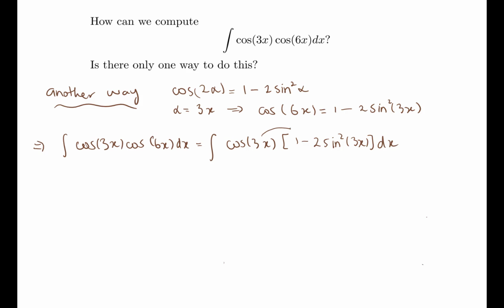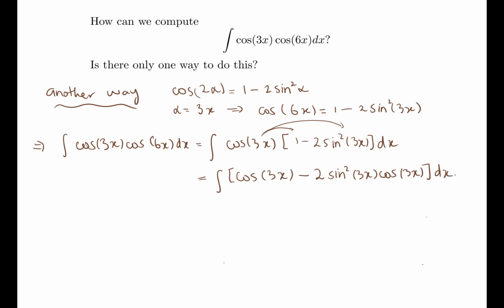And now we distribute the cosine to get the cosine of 3x, take away twice sine squared 3x times the cosine of 3x.